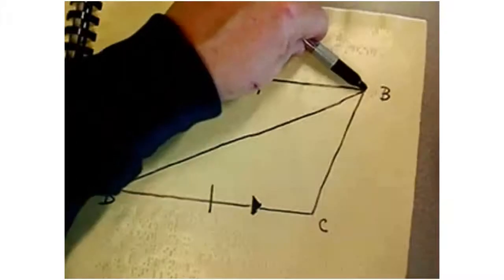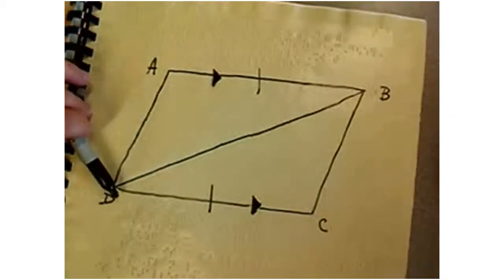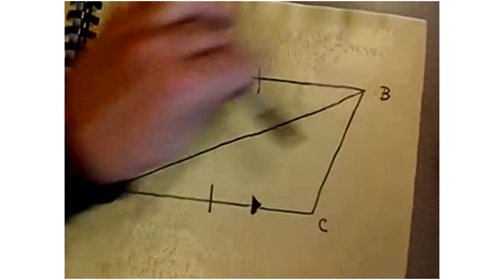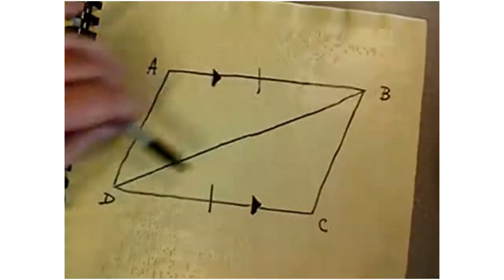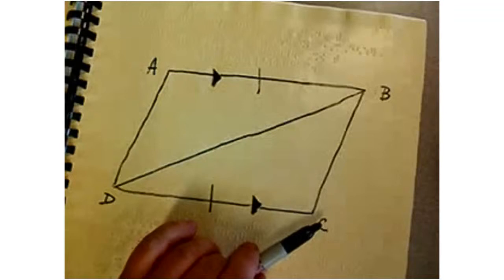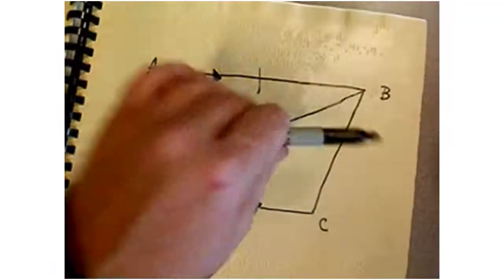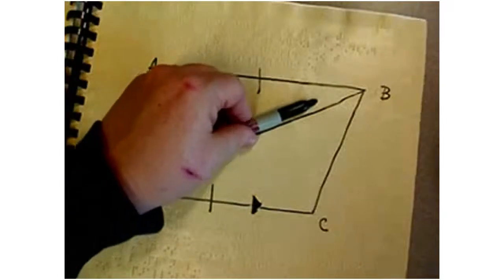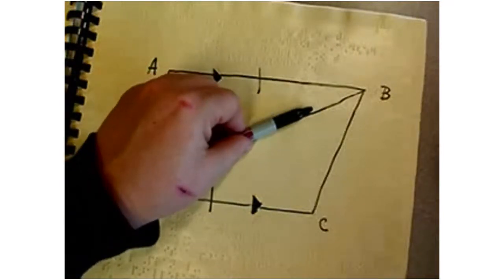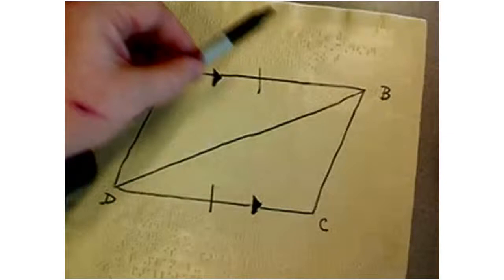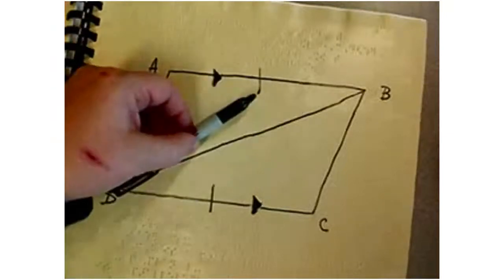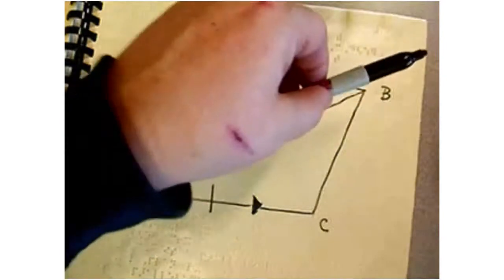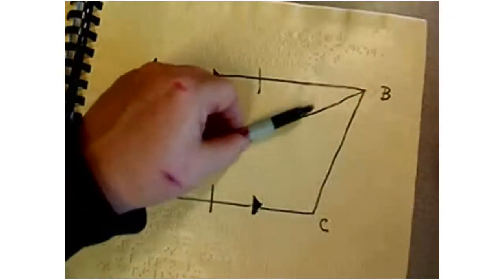So if you go back to the diagonal BD, BD is part of the triangle on the top, ABD. And BD is part of the triangle at the bottom, CDB. So we have to say BD is congruent to BD because we want to make sure that in our argument we're clear that the side of this triangle, ABD on the top, is congruent to the side of the bottom triangle, CBD, or CDB on the bottom.